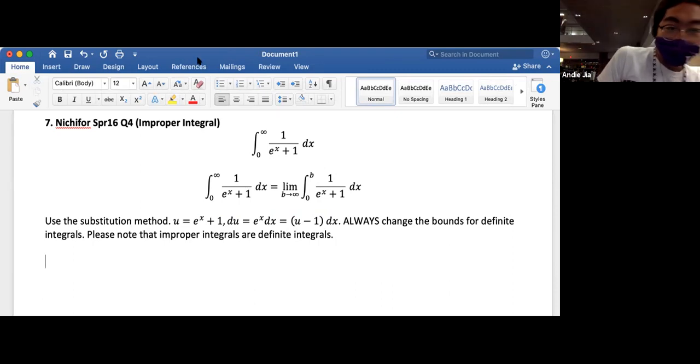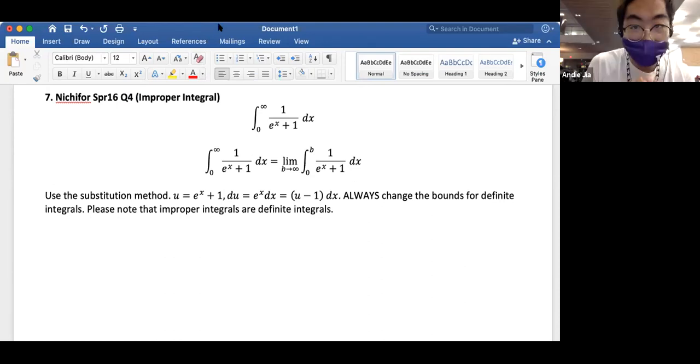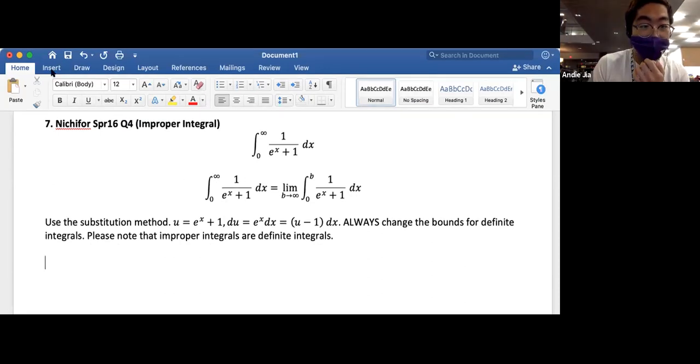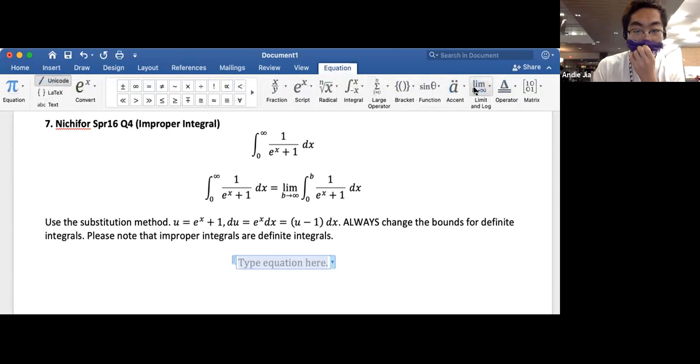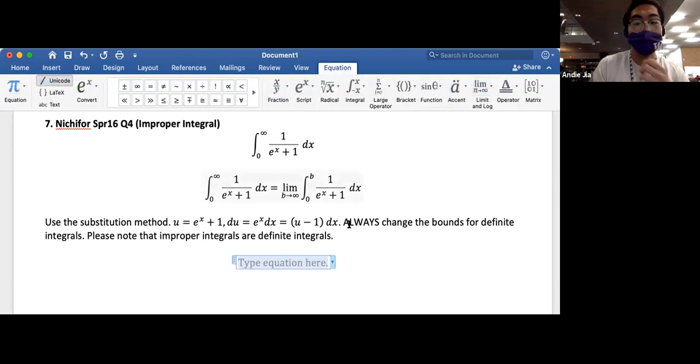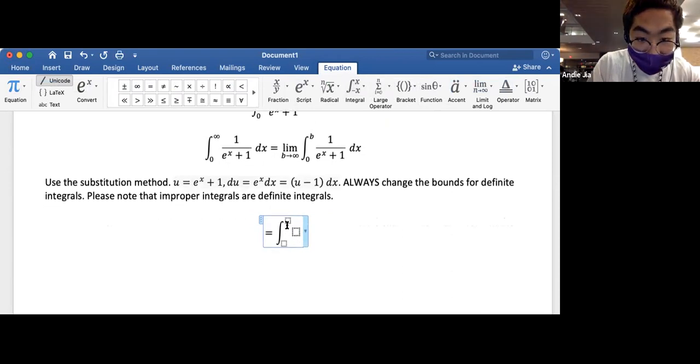Okay, so you can still see my screen, right? After the u sub, we have c as the upper bound and 2 as the lower bound.